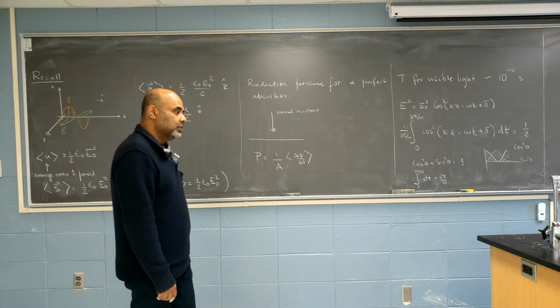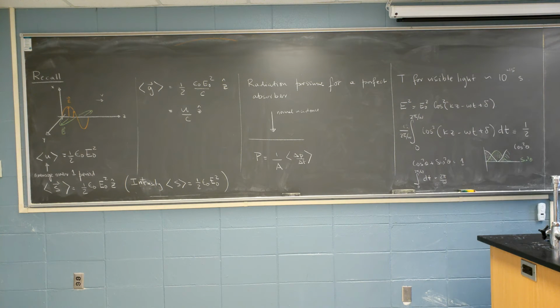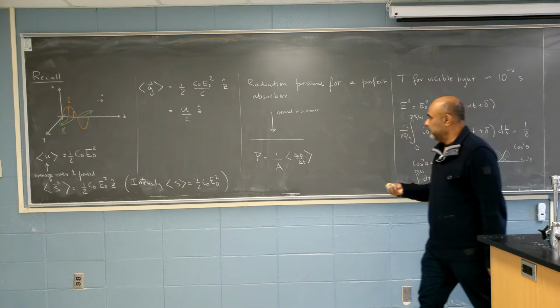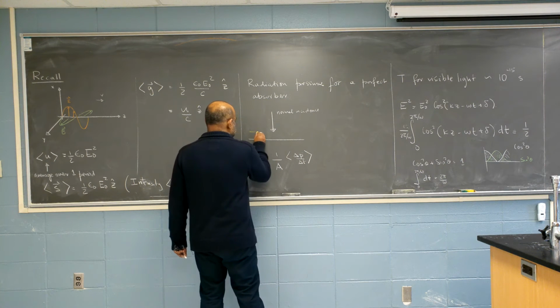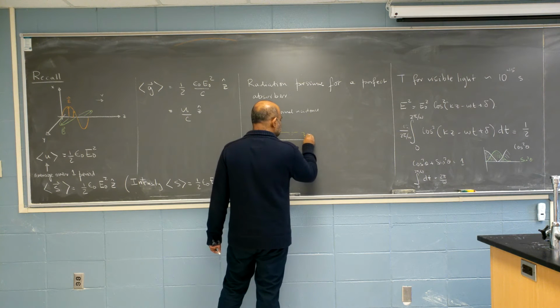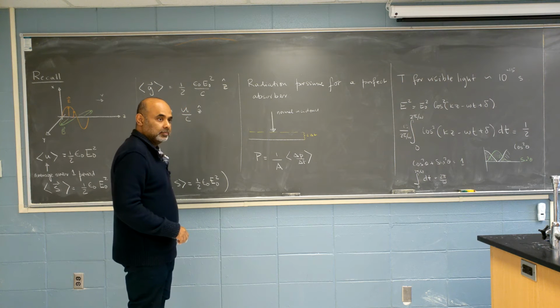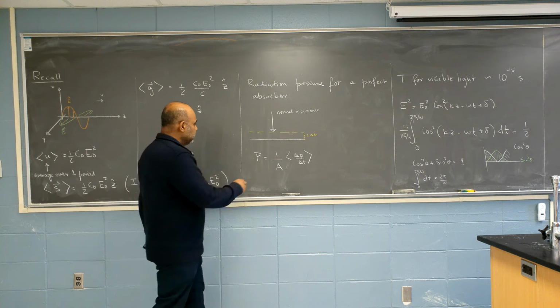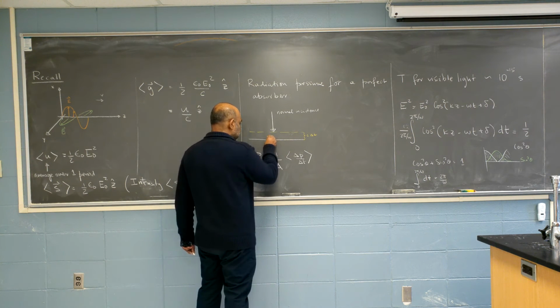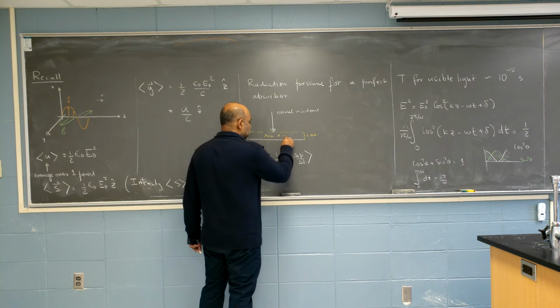So what we're going to do is we're going to wait for delta t seconds. So in delta t seconds, the wave may have been originally somewhere here. And so this would be the distance c times delta t. Yeah? And let's say this has an area A, this part.